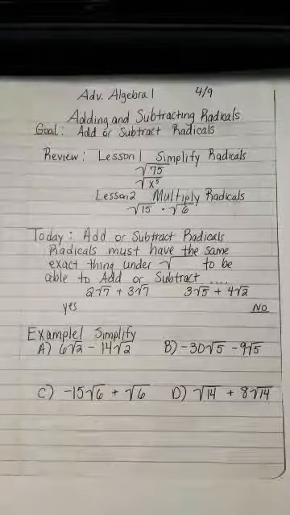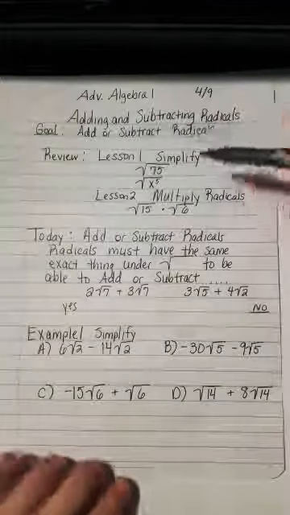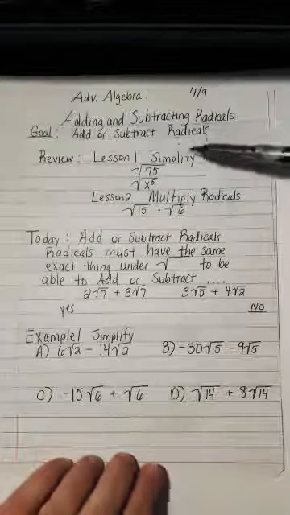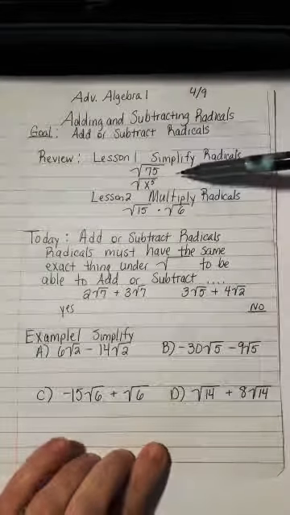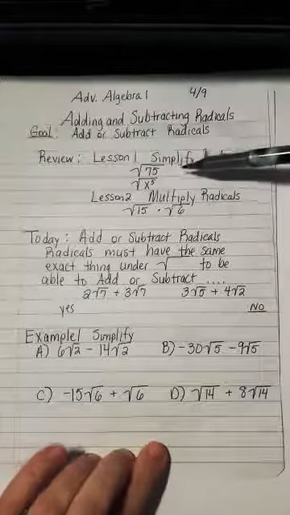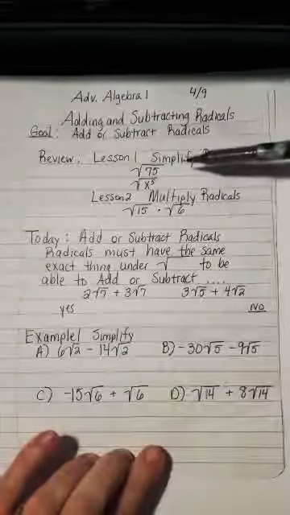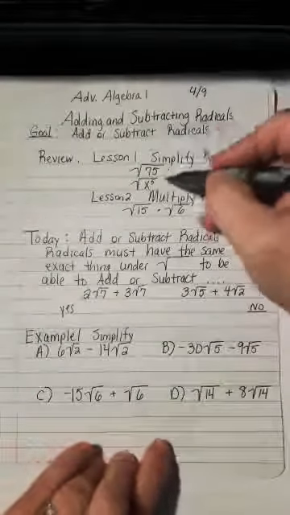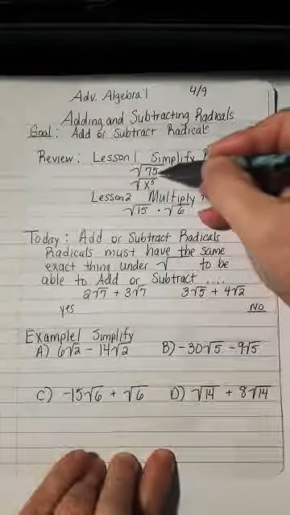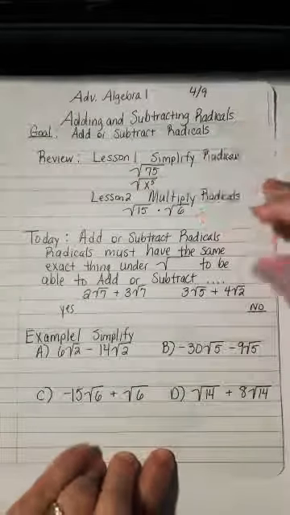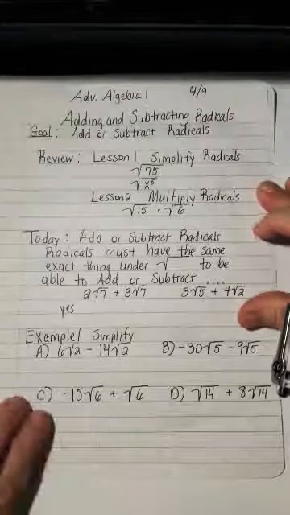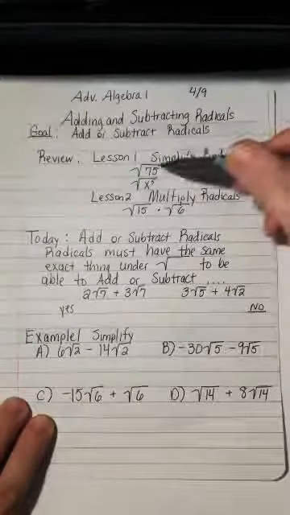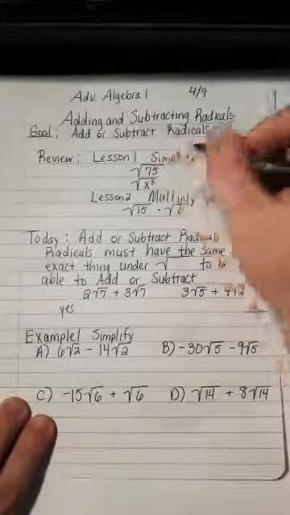Alright, so we're going to do a review just to make sure that you understand our previous lessons. We are going to simplify the square root of 75, and then after that the square root of x to the 5th, to review our first lesson on radicals. So let's do those. The square root of 75.